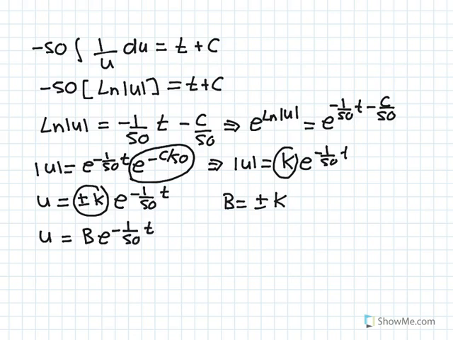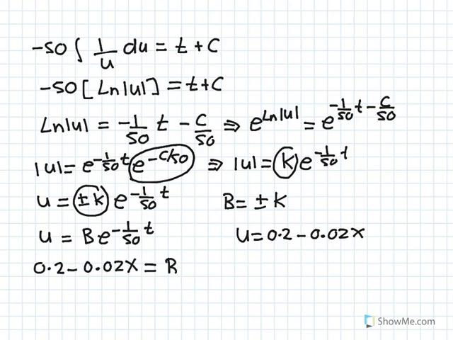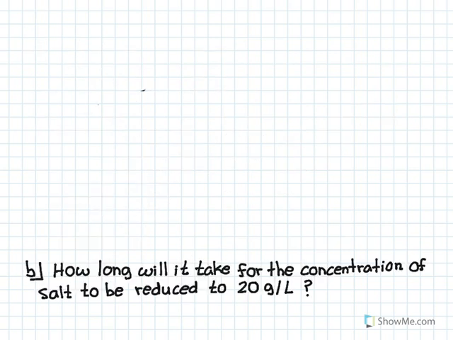Now let's substitute u back in. u is equal to 0.2 minus 0.02x. So on the left-hand side, we get 0.2 minus 0.02x. On the right-hand side, we have b e to the negative 1 over 50 t. Okay, so now let's solve for x.